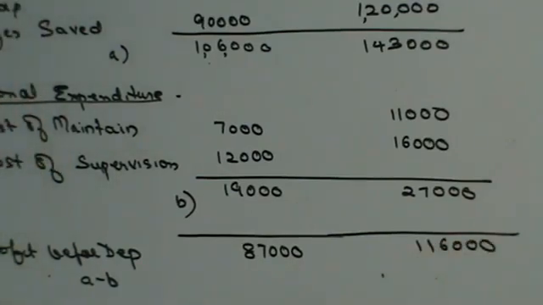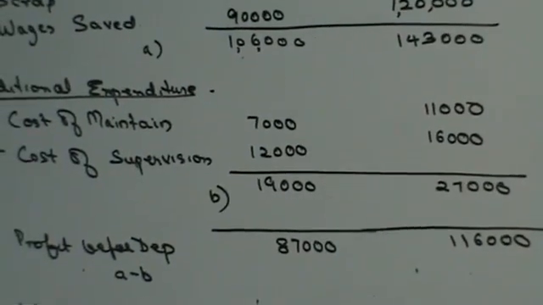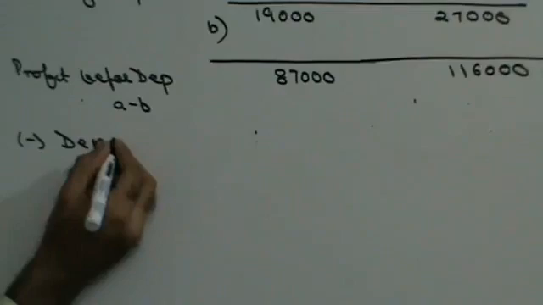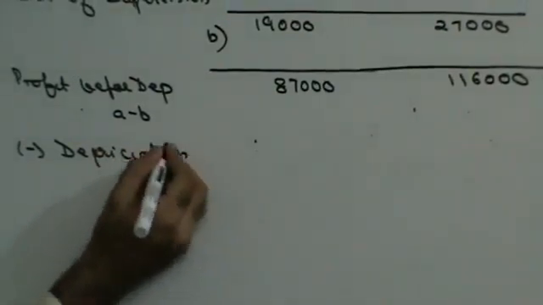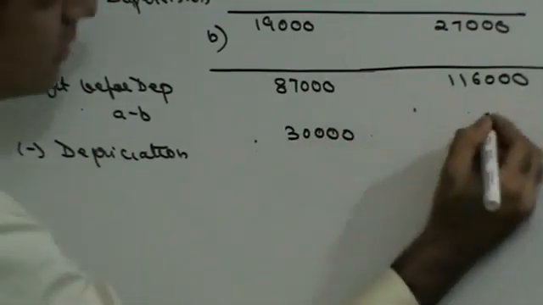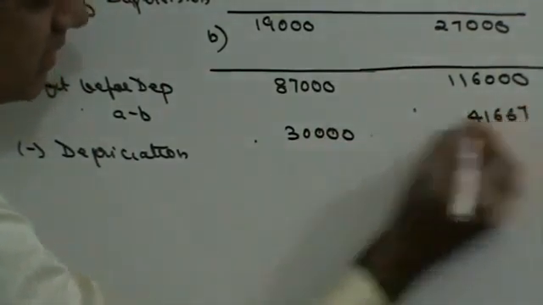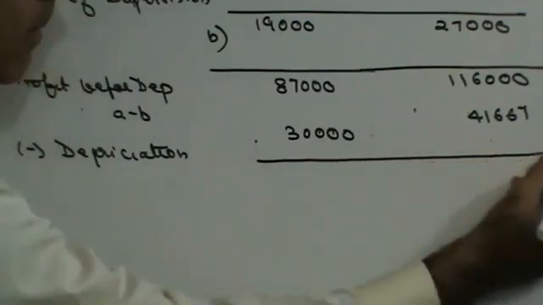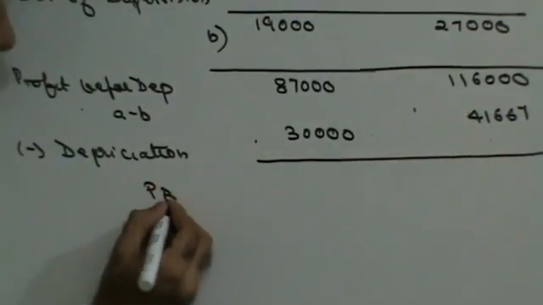So the profit before depreciation is 1,60,000, right? Now, after this, you will say that you less your depreciation. Depreciation is 30,000 over here, and 41,667 over here. So you will get your profit before tax.